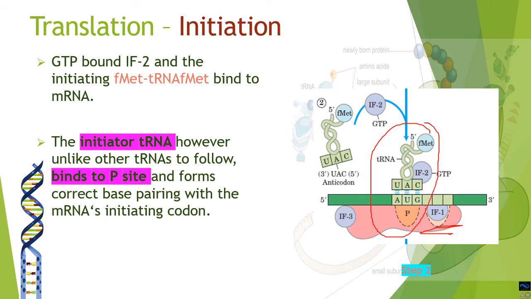That's because IF1 is also there, and it will prevent the initiator tRNA from binding to the A site. So the first initiator together with the GTP will bind to the P site directly. The interaction between the anticodon of the tRNA and the first codon of the mRNA will happen in this phase. And after this, IF3 will be released.